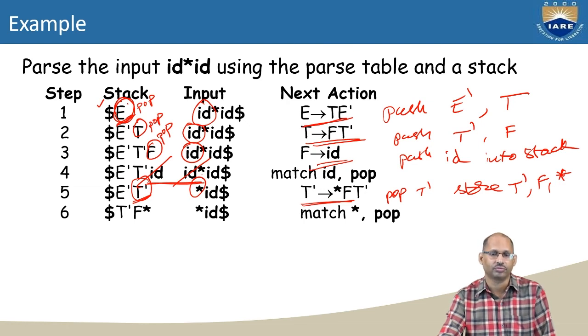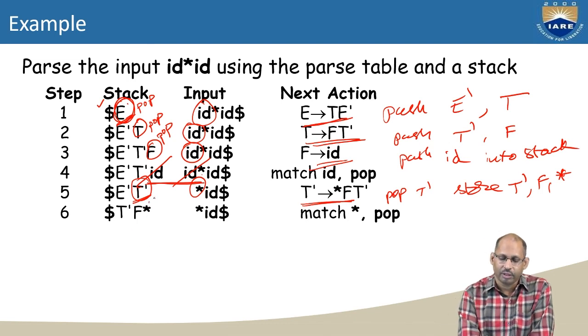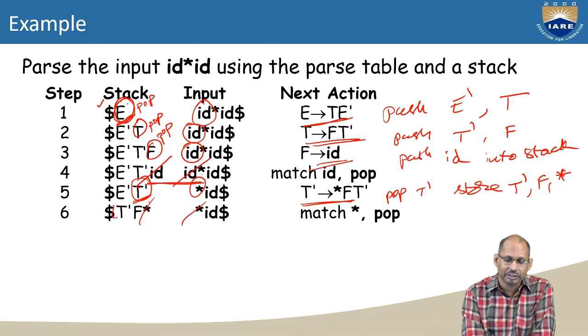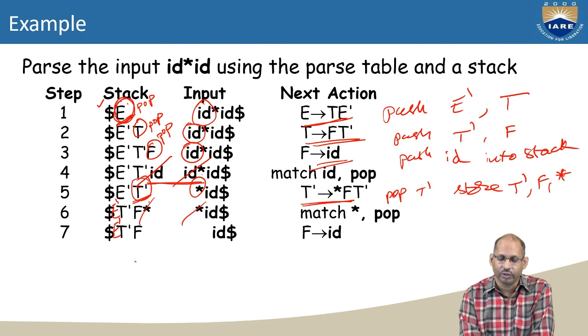Then here, $ sign and multiplication, simply remove, and here there will be E'. This E' also will be there. Right? Then E', T' and F. F and id we have to consider.